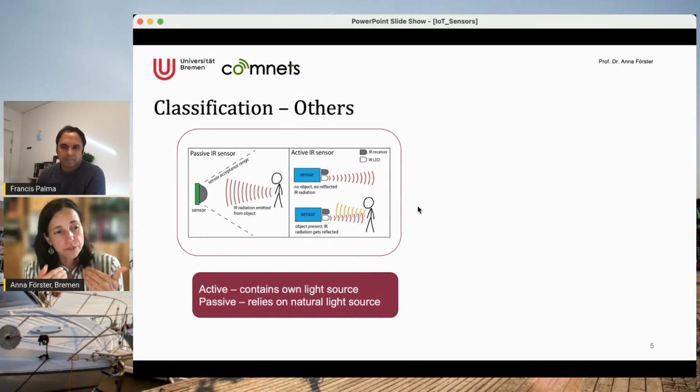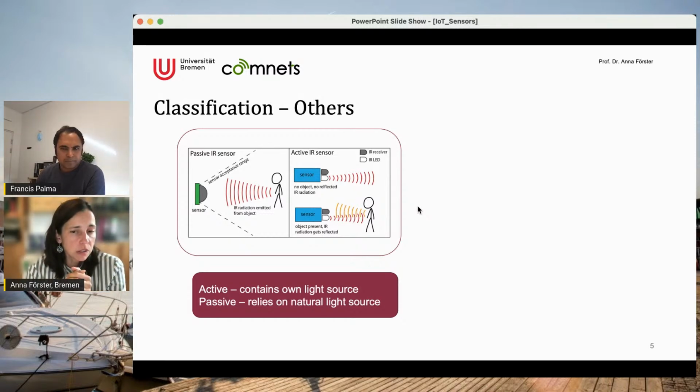Only with this reflected signal can it measure whether there was an obstacle, where the obstacle is, and so on. So this is called an active sensor, which means that it needs more energy, of course, and it needs to actively do something to start the measurement and to end the measurement.